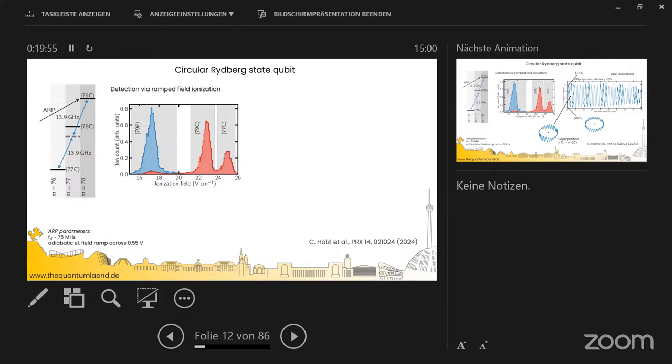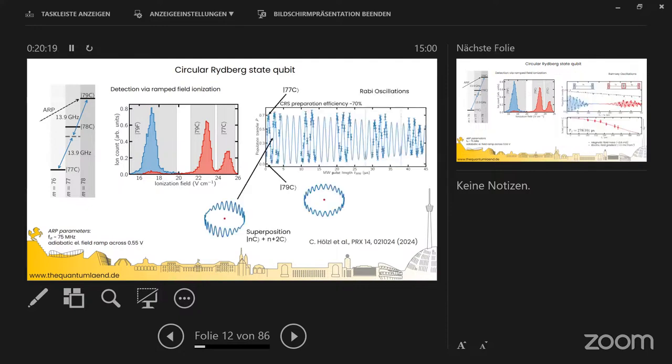For example, this is signal that comes from the initial F state. This is signal that comes from the circular states, specifically 79 and 77, at slightly different electric fields, and you see that we can nicely distinguish them by the ionization field.